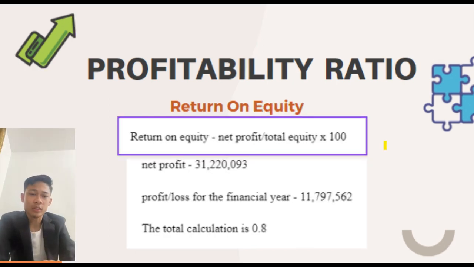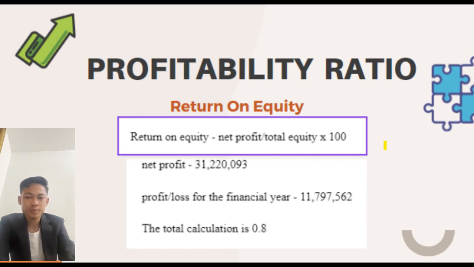And the return on equity, how to calculate the ratio is by net profit divided by total equity and multiplied by 100. So the total equity that I get from Jet Berhad is 1,418,346,961, and the net profit is 31,220,093.